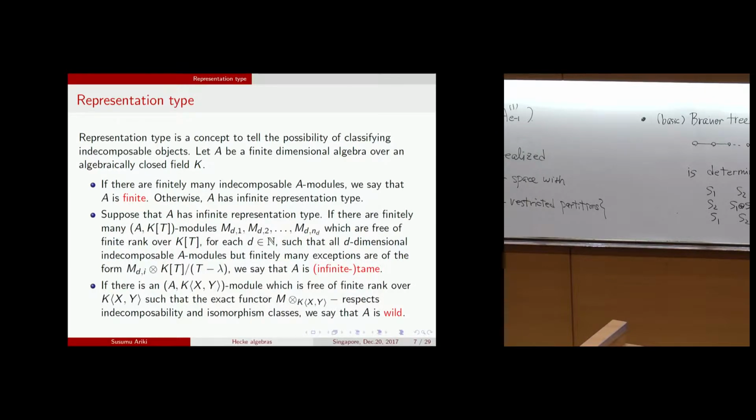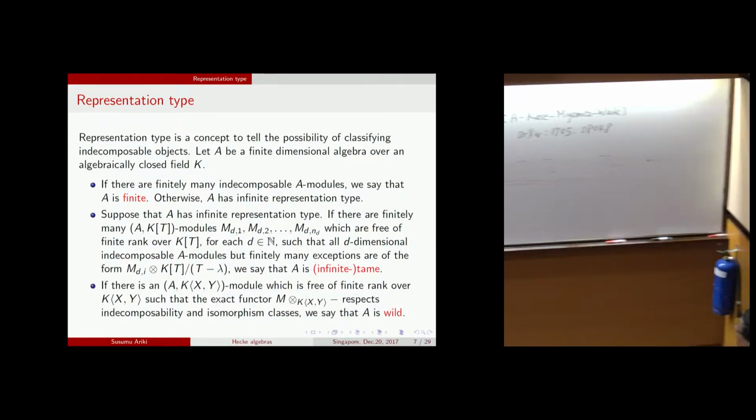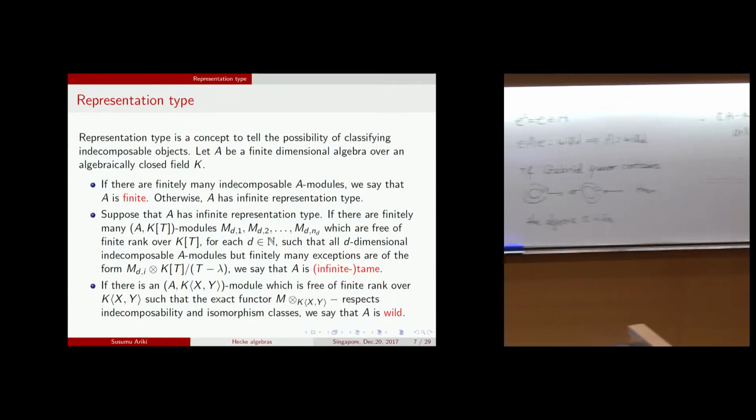And then we have the notion of wildness, and this is the standard thing. So we have some module over the non-commutative polynomial ring in two variables, and then we have some embedding of indecomposables from this algebra to A, and probably you know them well.